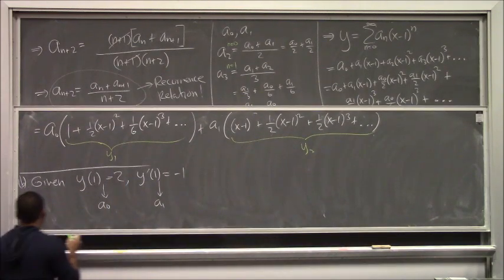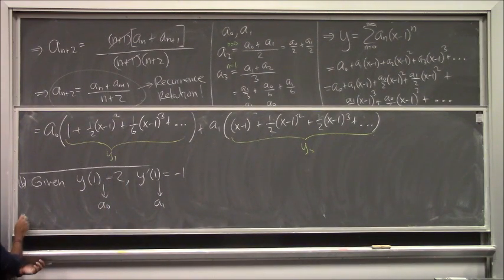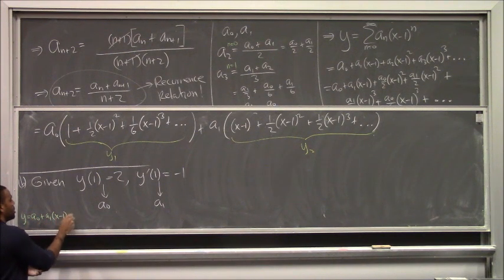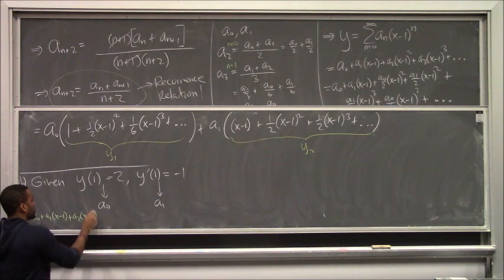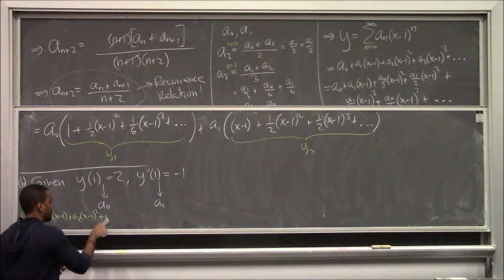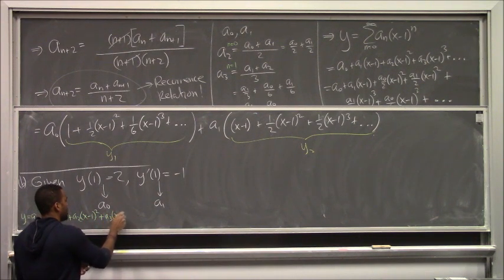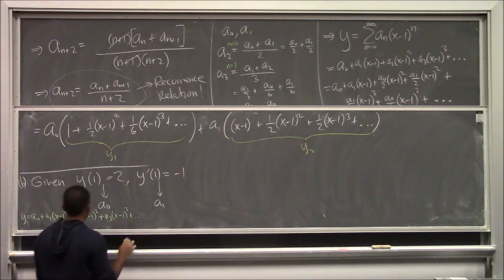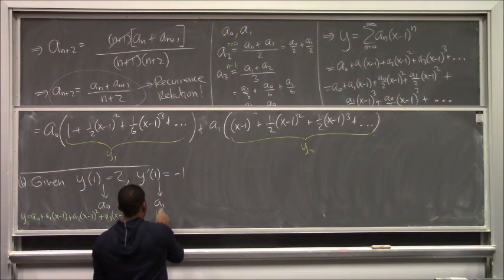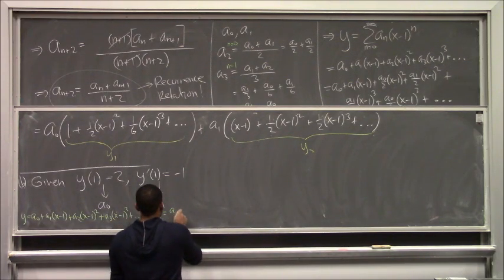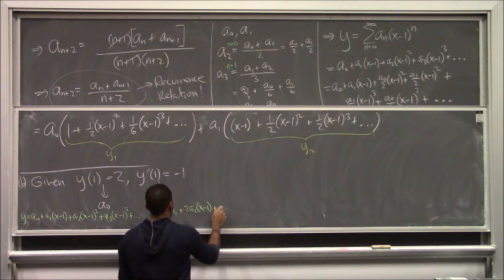If my y was A0 plus A1 (x minus 1) plus A2 (x minus 1) squared plus A3 (x minus 1) cubed plus blah, blah, blah, then my y prime would be A1 plus 2A2 (x minus 1) plus blah, blah, blah.